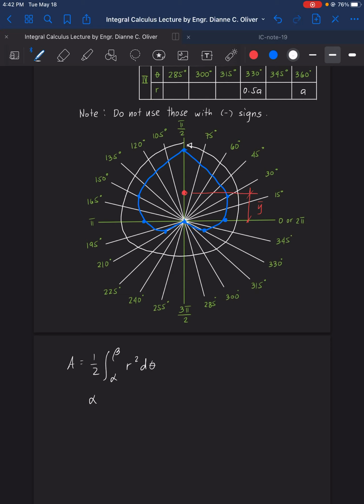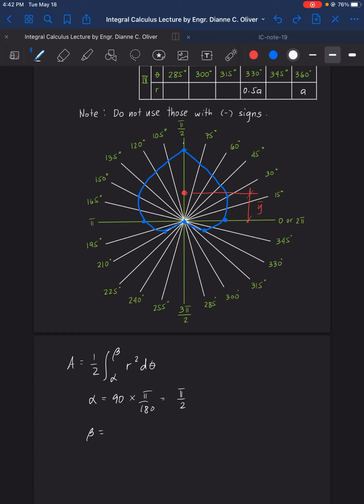If we get the lower limit at 90, we will start at 90 and end here at 90. That means alpha is equal to 90 degrees times pi over 180, that is pi over 2. As for the beta, the upper limit, we started here at 90 degrees, up to this point is 360 degrees plus another 90 to go back to the starting point.